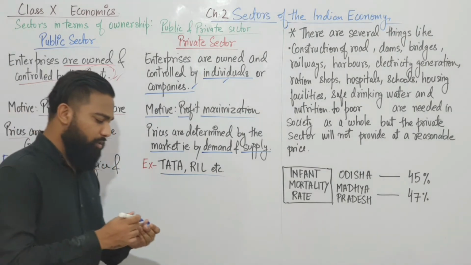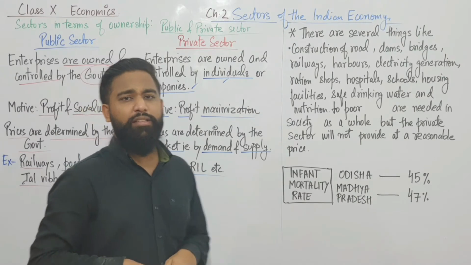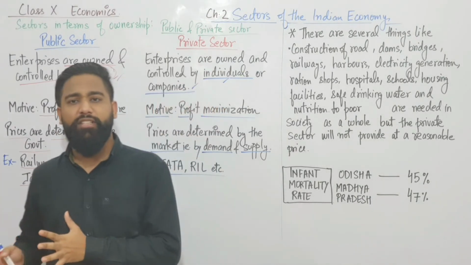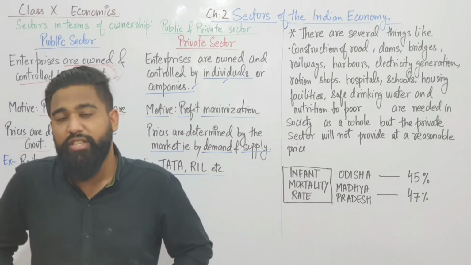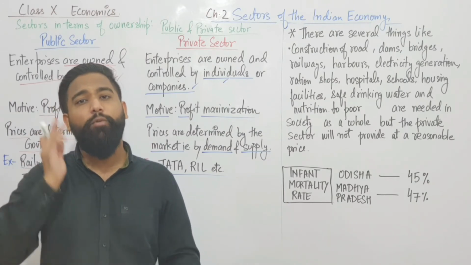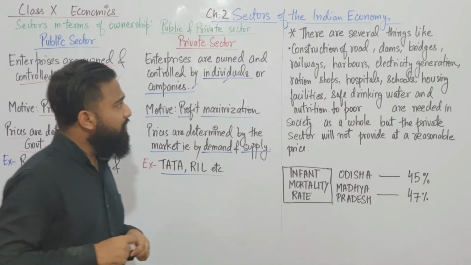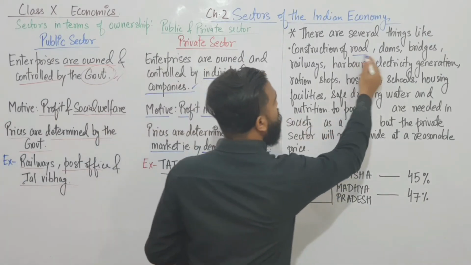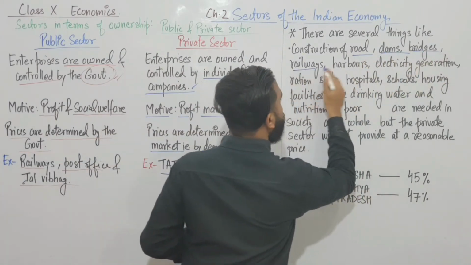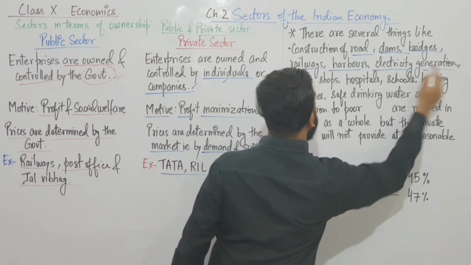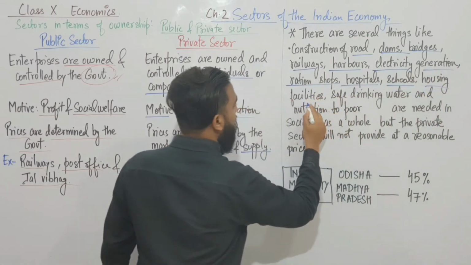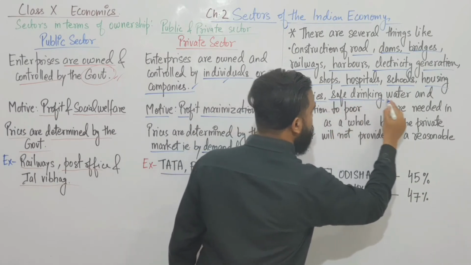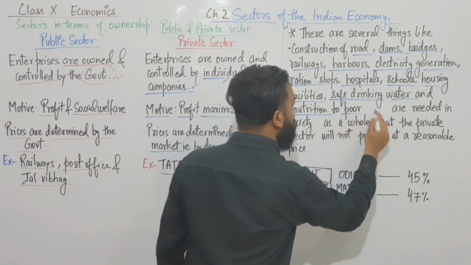Now sometimes the question arises, why all the public facilities? In chapter number 1, Development, you have studied about the public facilities, that why only the government provides such facilities like roads, dams, bridges, railways, harbors, electricity generation, ration shops, hospitals, schools, housing and other facilities, safe drinking water and nutrition to the poor.